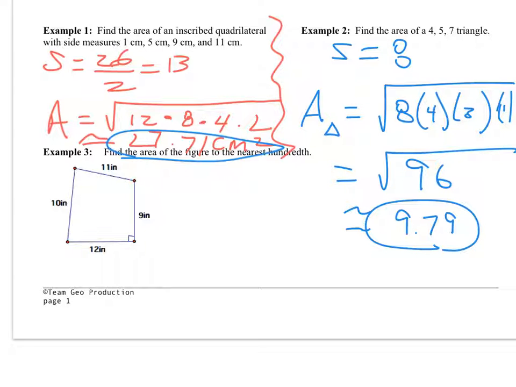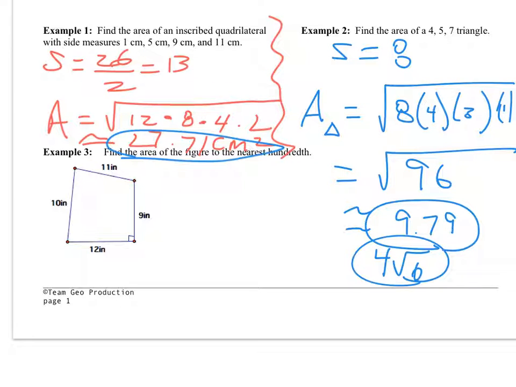I think 96 does reduce. How many times is 4 going into 96? Okay, so how about 16? 6. So this would be 4 root 6. We good?